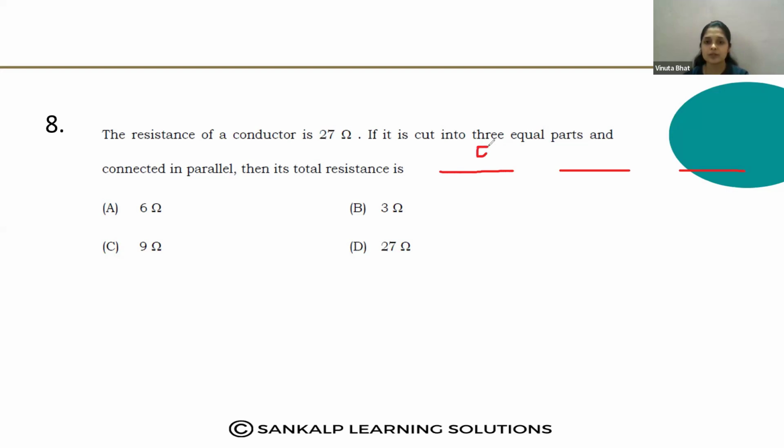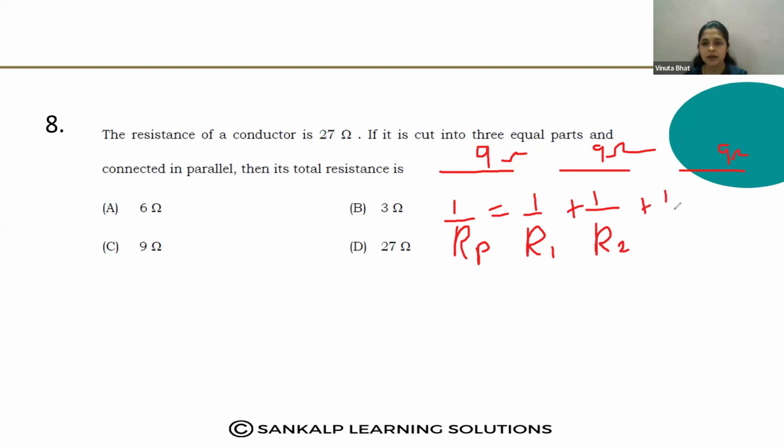So here each part has a resistance of 9 ohm. When they are connected in parallel, you have to use the formula 1 by Rp is equal to 1 by R1 plus 1 by R2 plus 1 by R3.